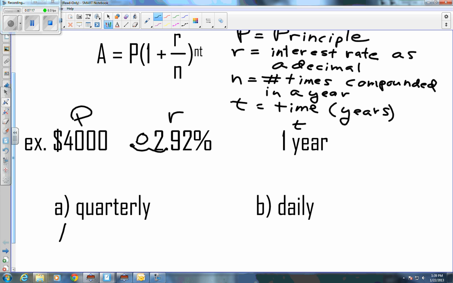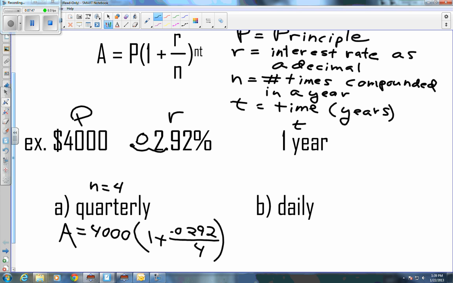A is what I'm looking for, capital A. So I say A equals, my principal is 4,000 times 1 plus, now the r is 0.0292 over my number of times per year, which is quarterly, so n equals 4, to the n, so n is 4, t is 1. So that's the formula that you need to put into your calculator.